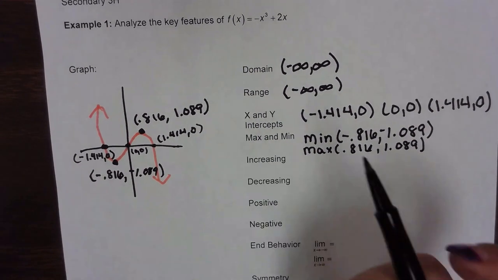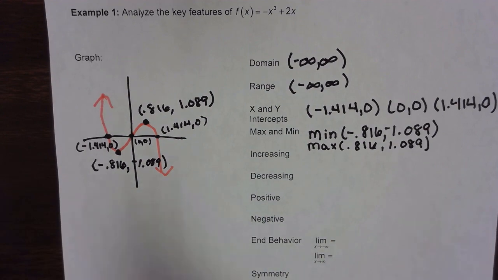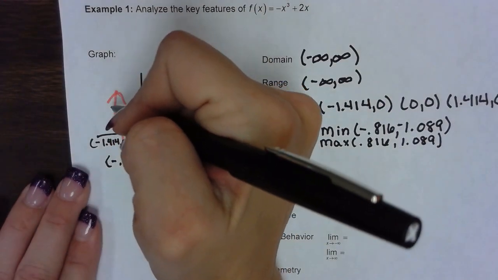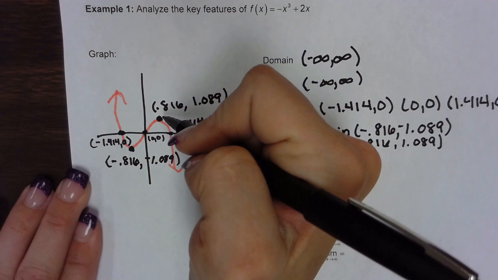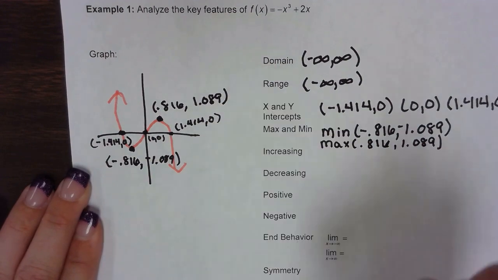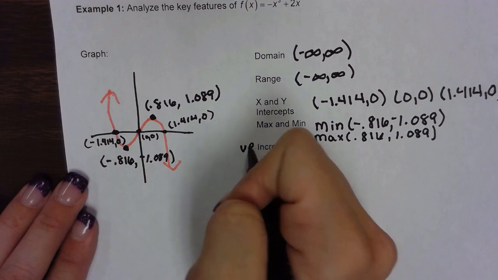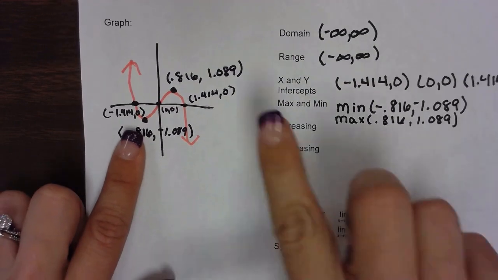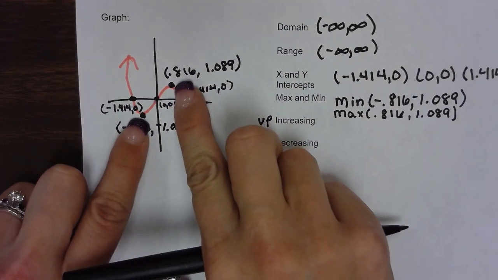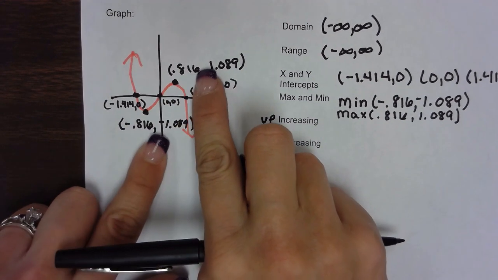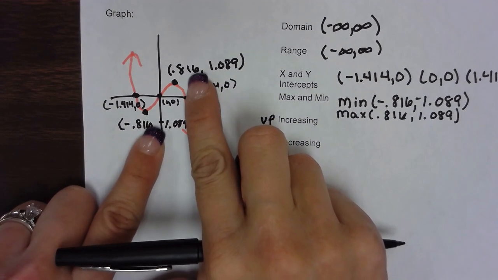Okay, increasing, decreasing. You want to be careful. Think of this. I'm going down, up, down. So remember, increasing is where we said up. So we're going up from here to here. Does everyone see that? But what values are we supposed to use in our coordinate? We're supposed to use our x value.